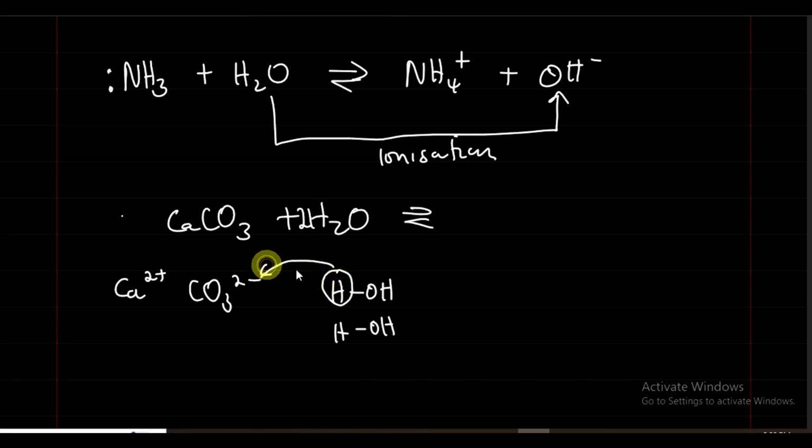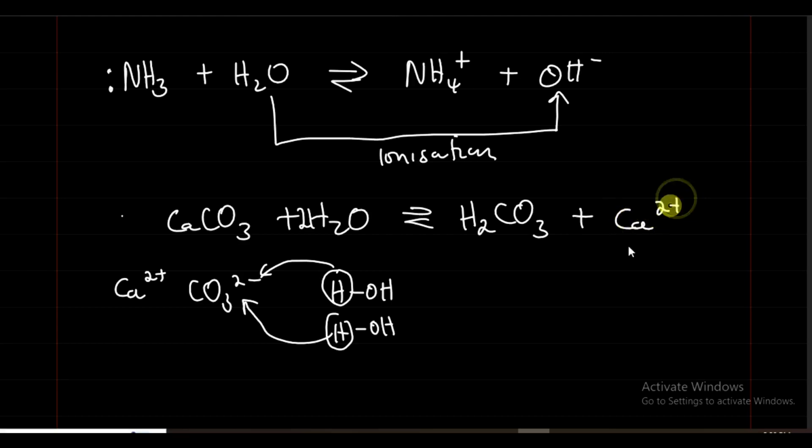Remember this carbonate needs 2 protons to have a charge of 0, so this proton and this proton from 2 water molecules will go to the carbonate to form what we know as carbonic acid. So now carbonic acid plus calcium cations.